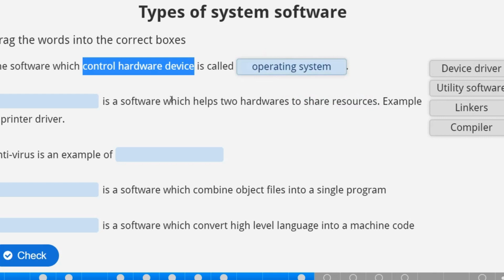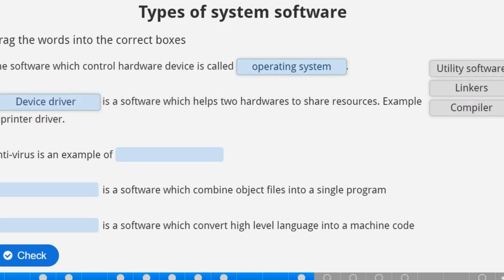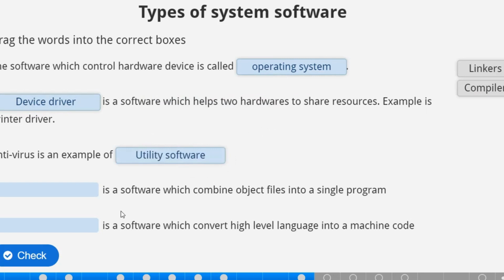The software which helps two hardware to share resources, we call it driver. Then antivirus is an example of utility software. Then second to the last is software which combines objects. Then you can easily say that one is linker, and the last one is compiler.